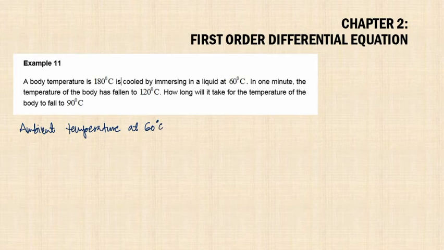From Newton's law of cooling, we have dθ over dt equals negative k times θ minus 60.